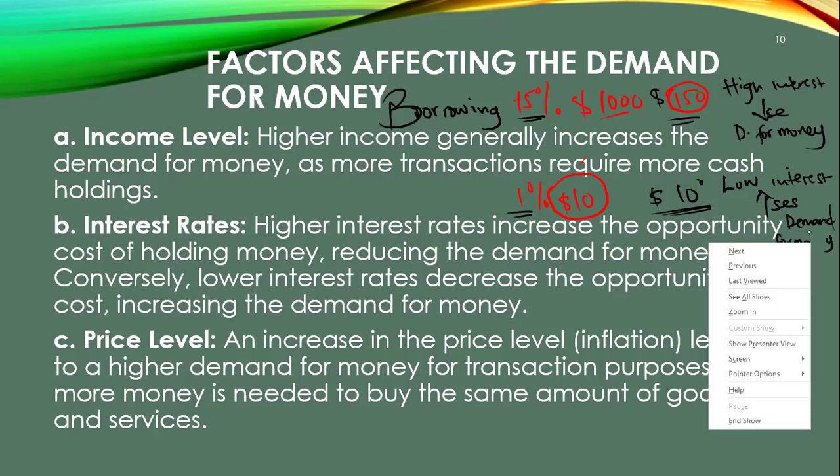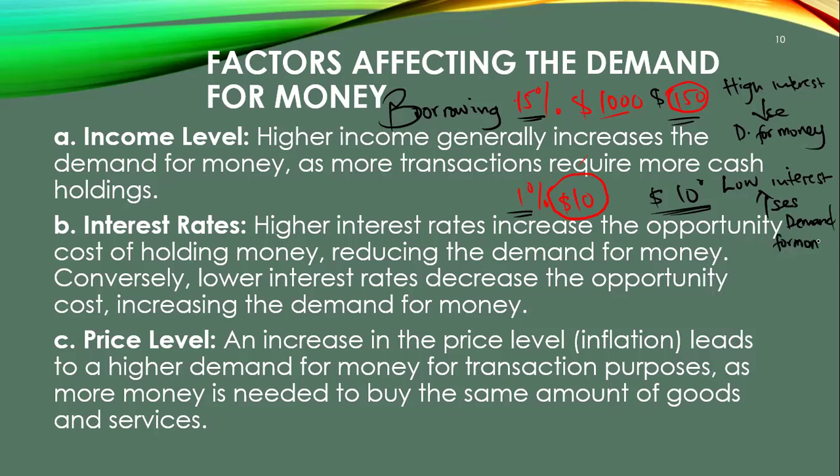That is what we are trying to say: higher interest rates increase the opportunity cost of holding money, reducing the demand for money, and lower interest rates decrease the opportunity cost, increasing the demand for money.